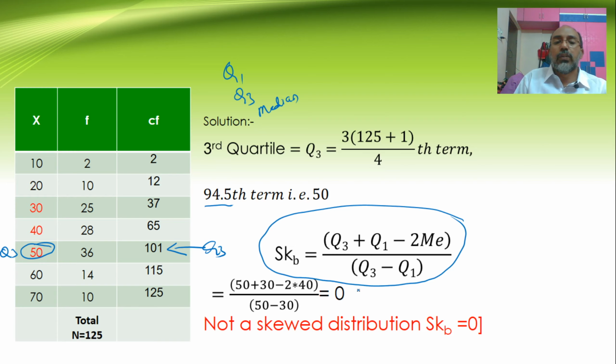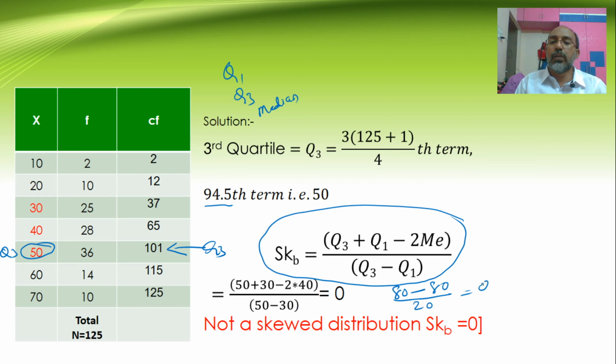So this is regarding the skewness, where we have substituted values. 50 is the Q3, 30 is the Q1, minus 2 into 40, that is the median. So 50 plus 30 is equal to 80, and 2 into 40 is also 80. Divided by 50 minus 30, which is 20.